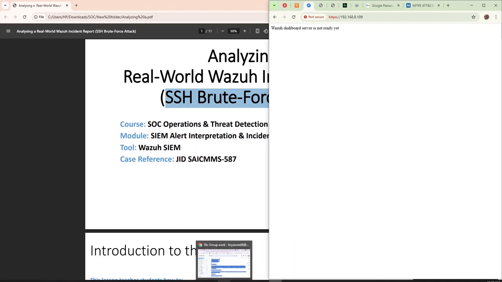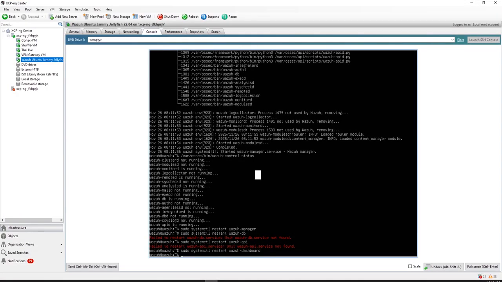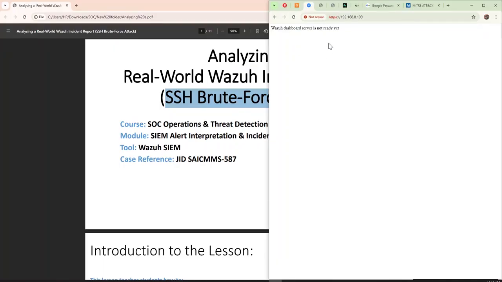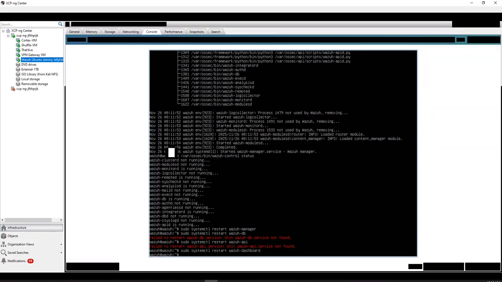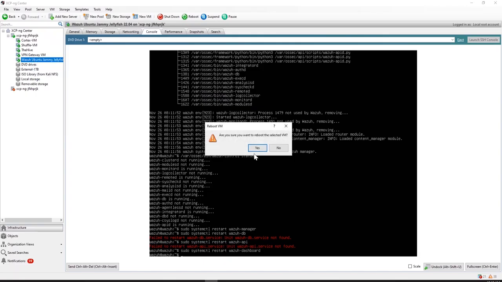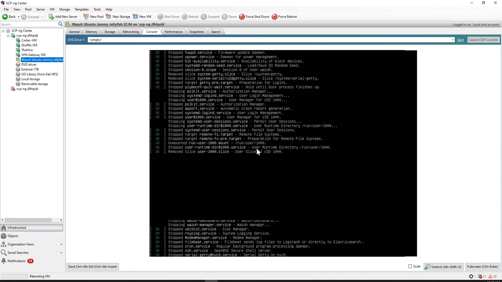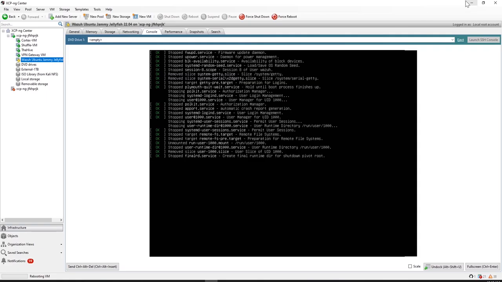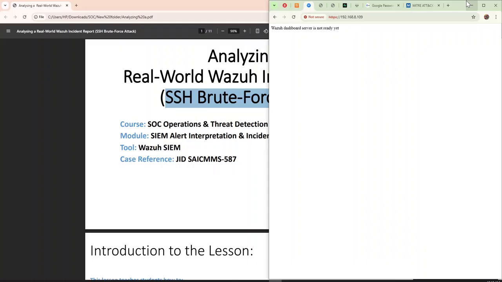So check that 109. That is where I am. Saying Wazuh dashboard server is not ready yet. Okay, maybe after the class I'll find out or refresh the whole system to get it fixed. Maybe I can even do it now so that it can reboot while we are in class. So it's rebooting.